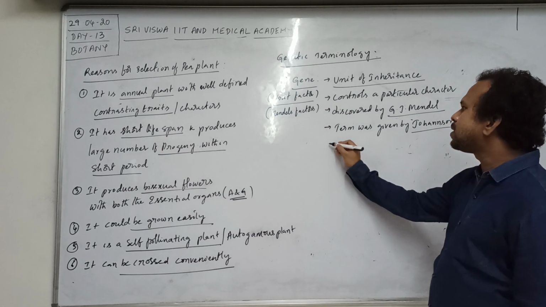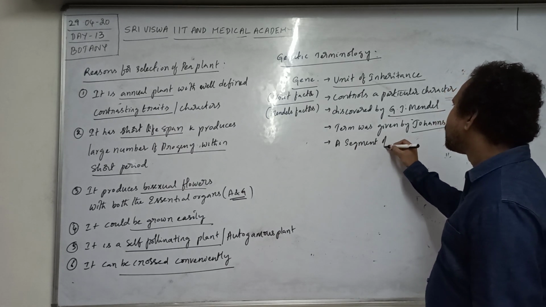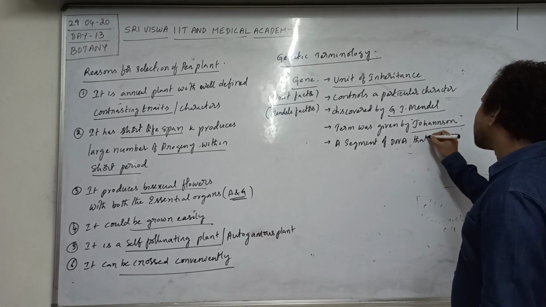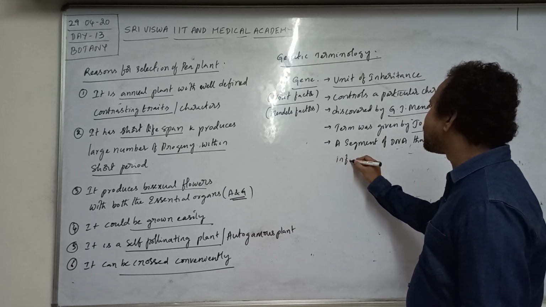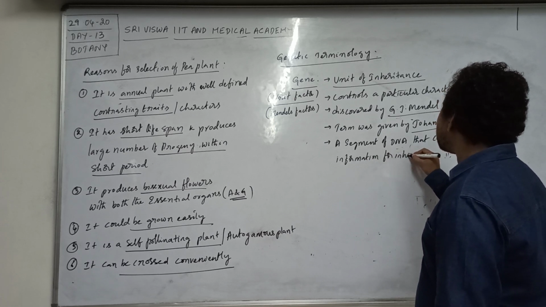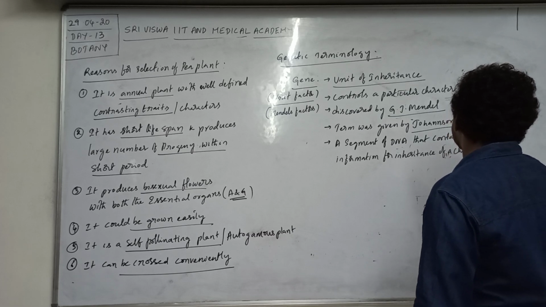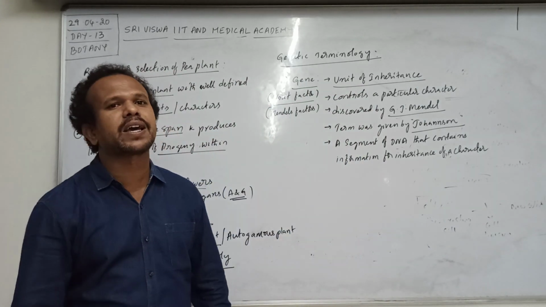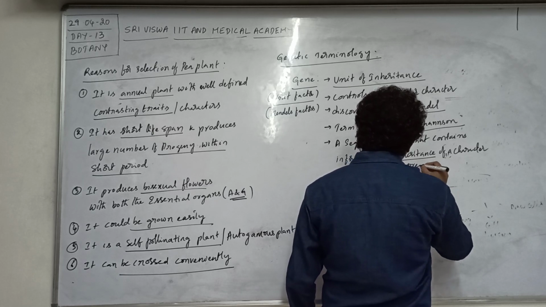Here the most important point: a gene is considered a segment of DNA. It is a segment of DNA that contains information for the inheritance of a character, or that contains information for the expression of a character.